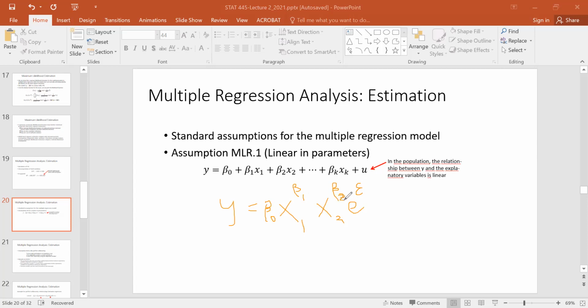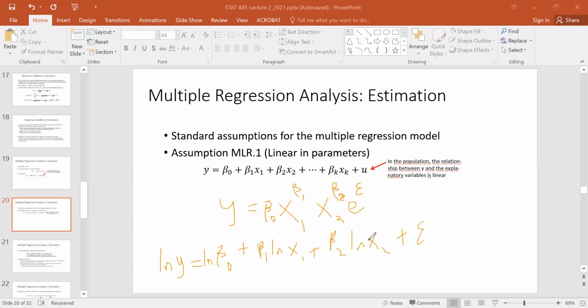But this will be something we call intrinsically linear. Later on, we will learn how to transform a nonlinear model into a linear one. For those who cannot wait, we just take the natural logarithm of both sides, and we have ln of beta 0 plus beta 1 ln of x1 plus beta 2 ln of x2 plus epsilon, because ln of e just knocks off.